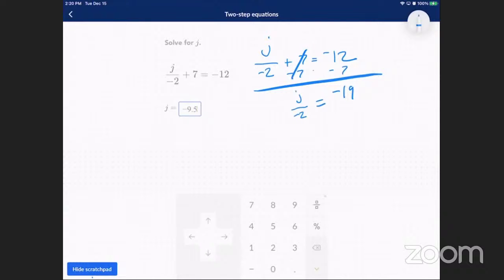That you would put, or maybe I'm doing it wrong, maybe because I have the 2 there. Or it's not, it's just 19. Negative 19, yeah, negative 19 to negative 9 is negative 9.5. And then that would be J.